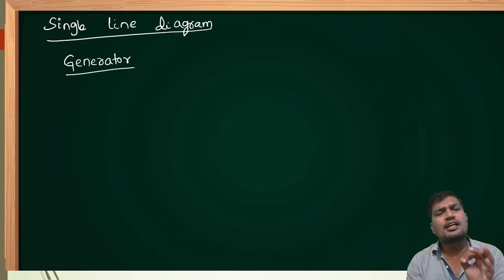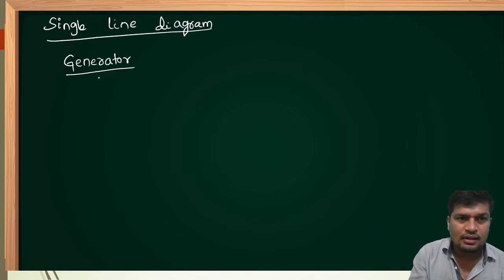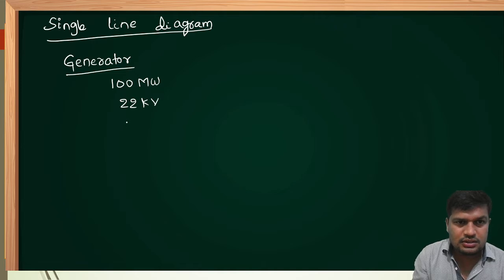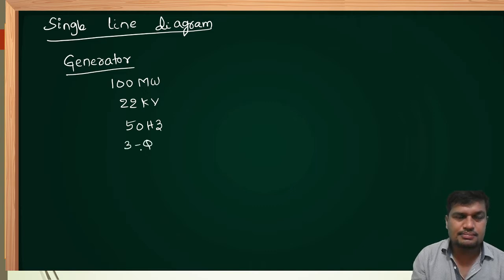Similarly, each and every electrical equipment in a power system is represented by certain ratings. Let us assume our generator is rated at 100 megawatts, generating at 22 kilovolts, operating at 50 hertz frequency, and this is a three-phase system.